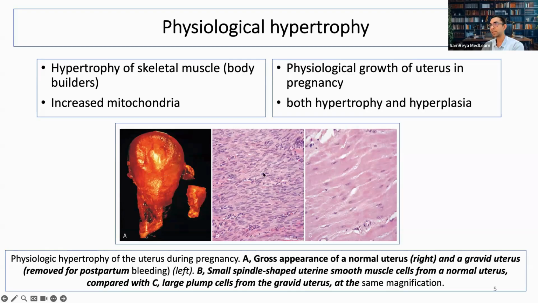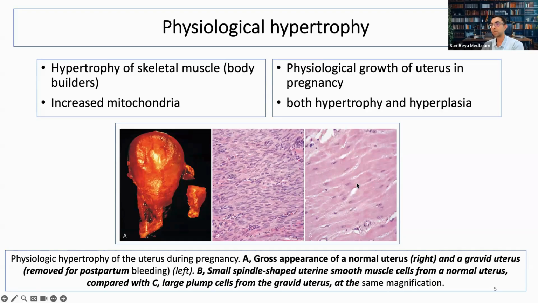If you look at this second image here in the center, these are all spindle shaped smooth muscle cells. You notice these nuclei, so many cells are shown here. If you look at the third image and do a comparison, look at just one cell. The size is almost, I think, at least 15 times bigger than what the normal cell looks like.